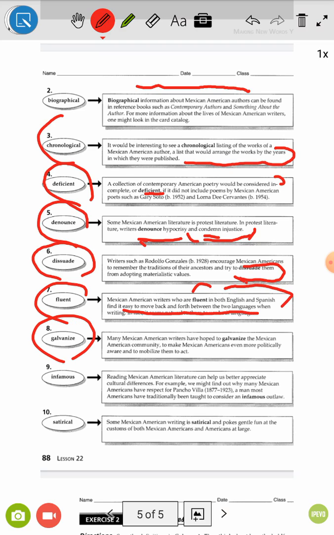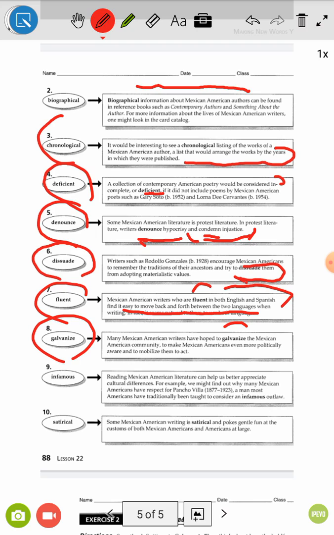Galvanize. Many Mexican American writers have hoped to galvanize the Mexican American community. Okay. They hope to galvanize the Mexican. They're trying to do something. What does galvanize mean? We don't know.